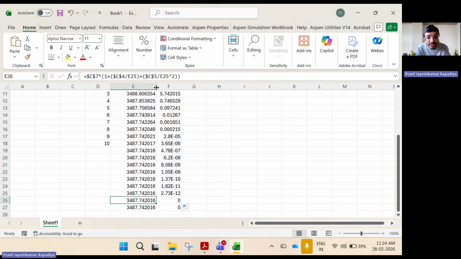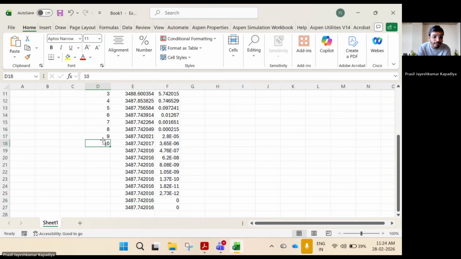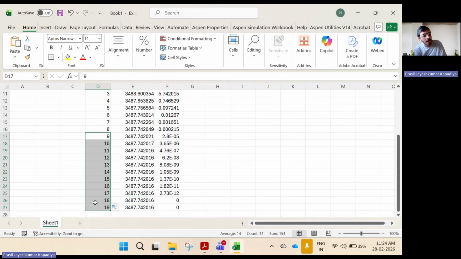After some point the difference is approximately 0, and we don't need to go until there, because our point is conveyed within this particular error bar. It is coming out to be approximately 3488 centimeter cube per mole.